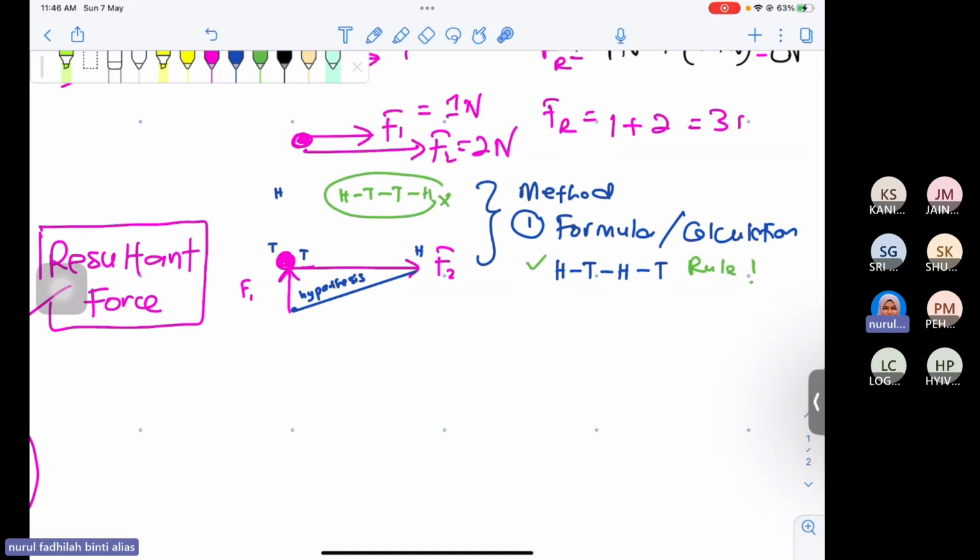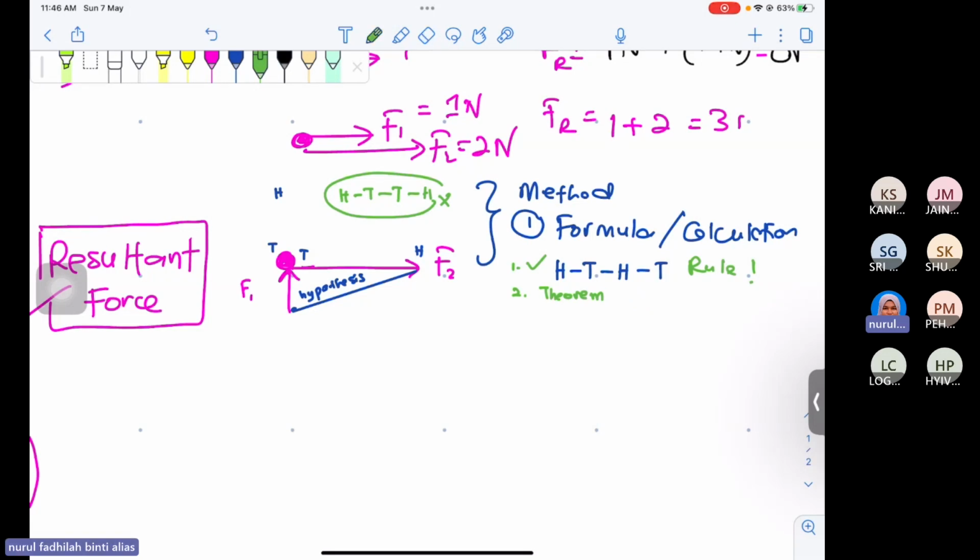You know how to use the Pythagoras theorem, yes? So we use the theorem. Whatever the name is, Pythagoras theorem. And then you do it. What's the formula?